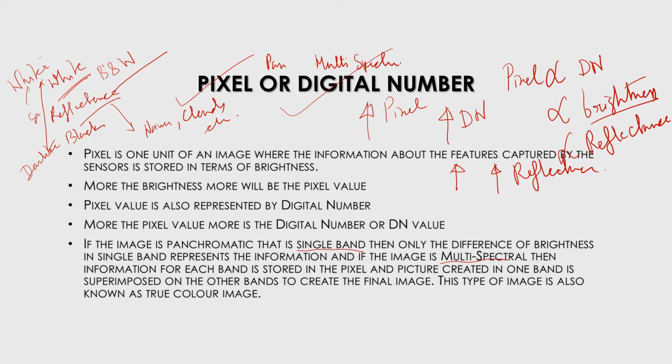So panchromatic has a single band of black color. Here nothing is being reflected, so it should have been black. But here everything is being reflected, so this will be white.